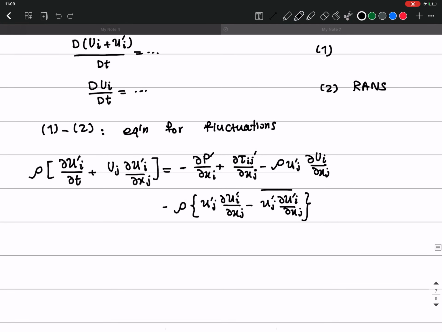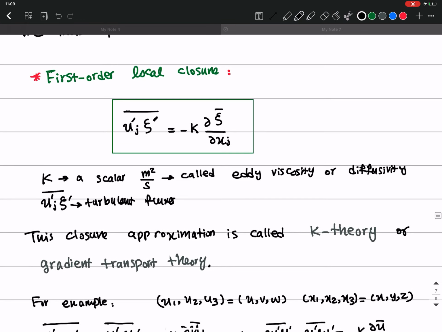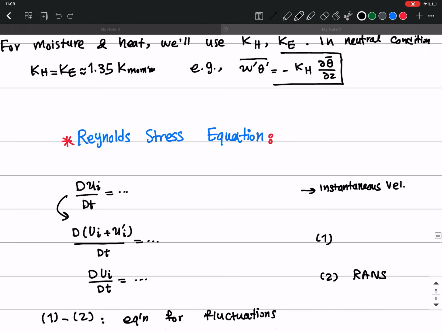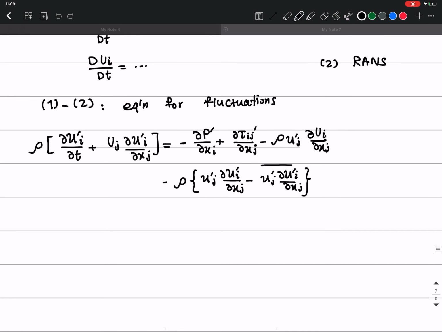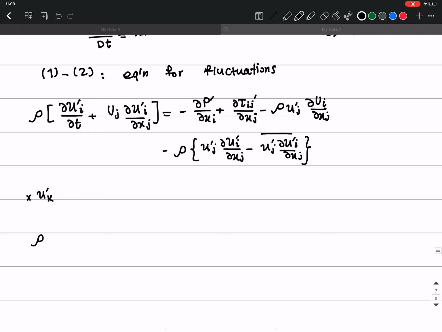Okay, so this is now, as you see, an equation for the fluctuations, right? In order to find the Reynolds averages like u prime i u prime j, I'm going to multiply this equation by u prime k. I define a new index. So let's do that. So we are going to get rho.